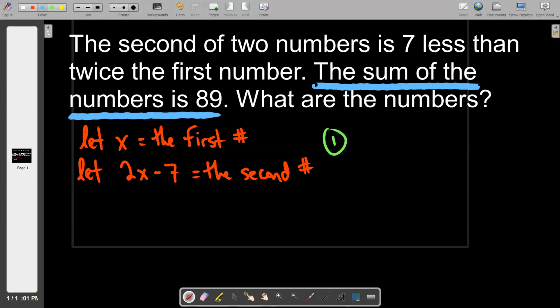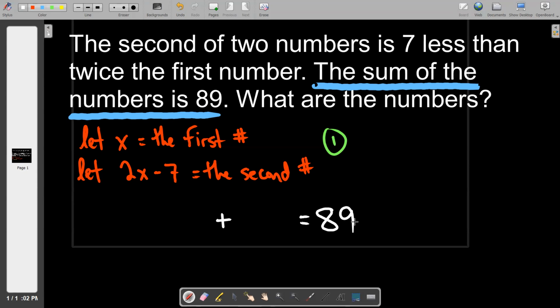What does it mean when two things have a sum of 89? It means that when I add them together, I'll get 89. So basically, I need to write an addition problem that says that two things added together make 89. So something plus something equals 89. That's what a sum of 89 means.